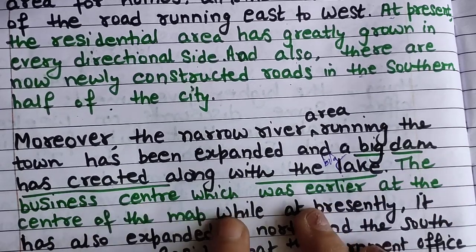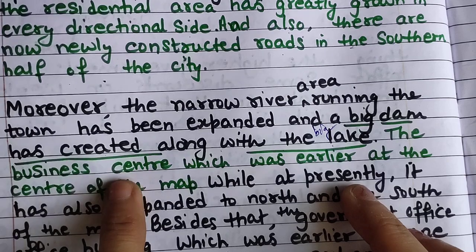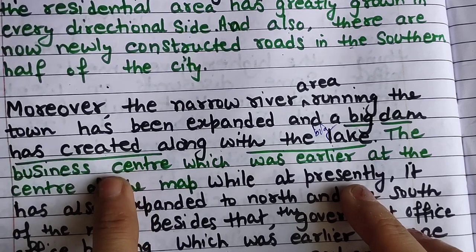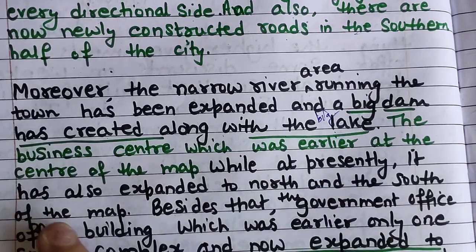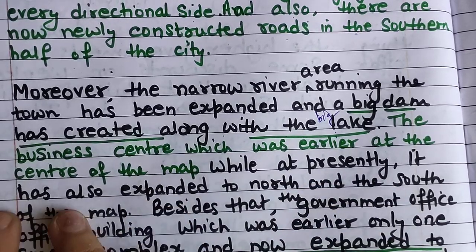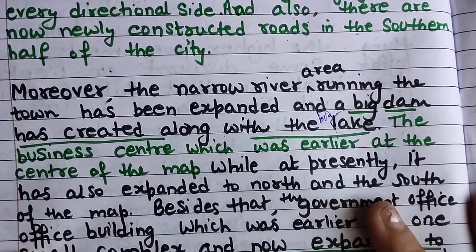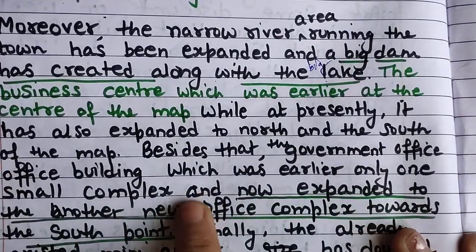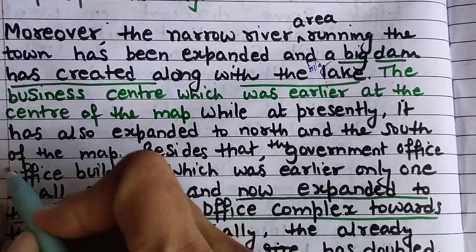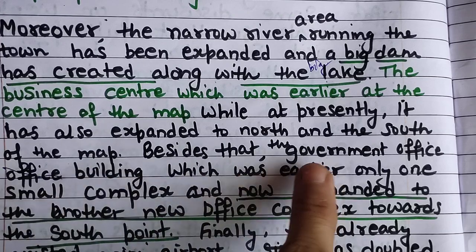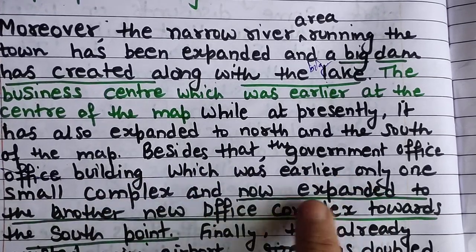The business center which was earlier at the center of the map, while at present it has also expanded to the north and south of the map. Besides that, now coming to the government department, the government office building, which was earlier only one small complex, has now expanded.